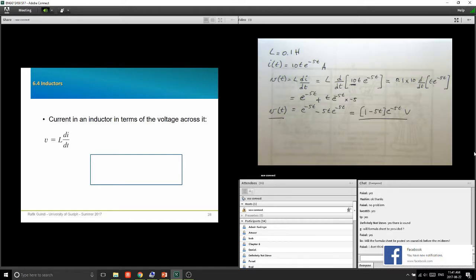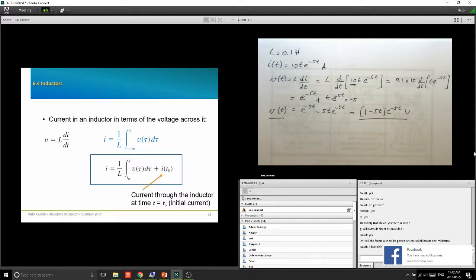Now, if you want to find the current in an inductor in terms of the voltage, same thing that we did for the capacitor. You're going to have this equation: i is equal to 1 over L times the integral from t naught to t of v of tau d tau, plus i of t naught, and that is the current through the inductor at time t equals t naught. We call that an initial current.